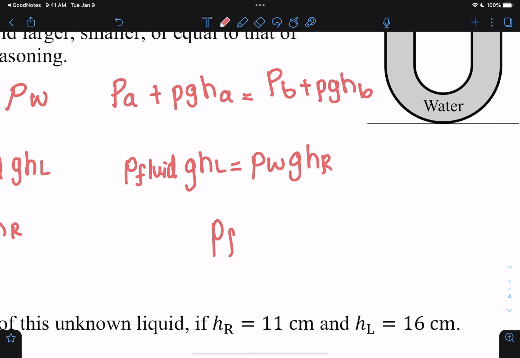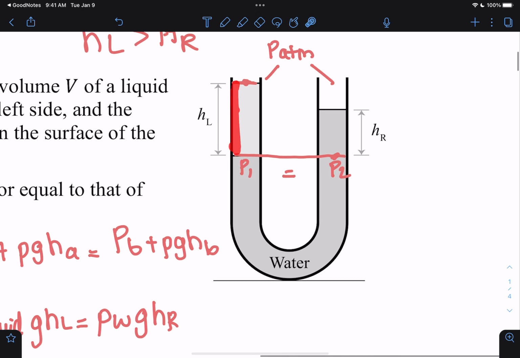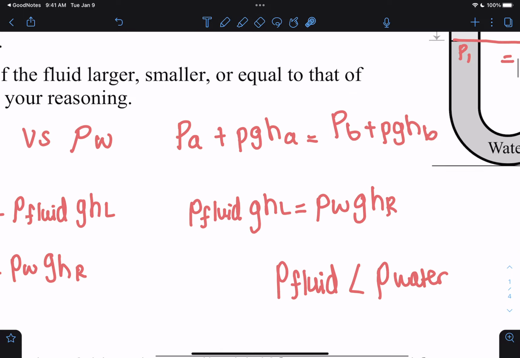So the density of the fluid should be less than the density of the water, because the height on the left is going to be greater than the height on the right. In order to maintain the pressure on both sides, for P1 to be equal to P2 at different heights, the density of the fluid, this unknown liquid, let's say it's oil, for example, has to be less than the density of water.